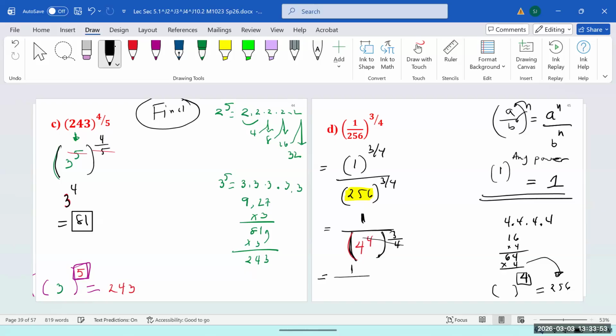So we have our 1 over, and now what do you have in the denominator? 4 to the power 3. 4 times 4 times 4. 64. And this is our answer. We did the same thing as the last page, but this time it's a fraction instead of a whole number.